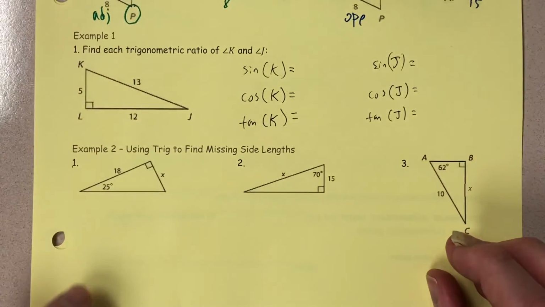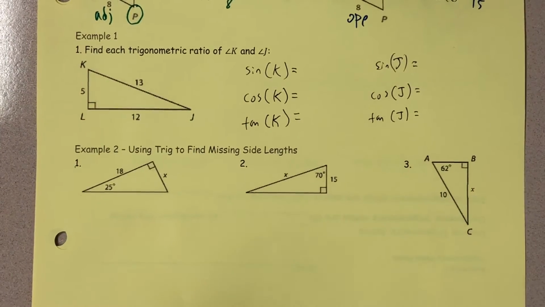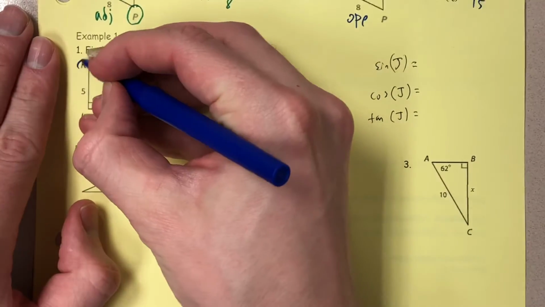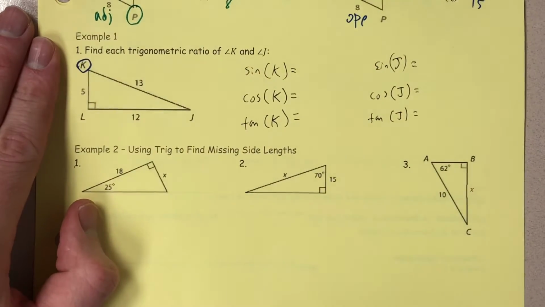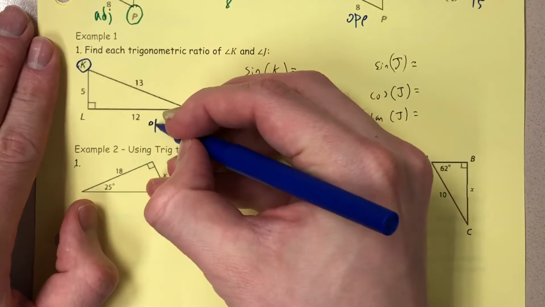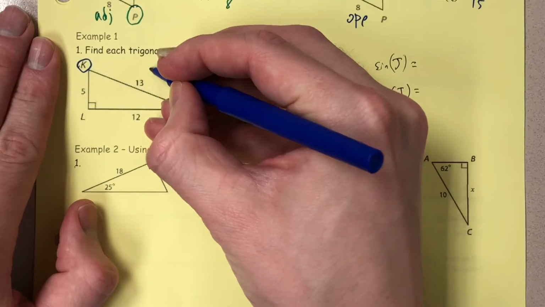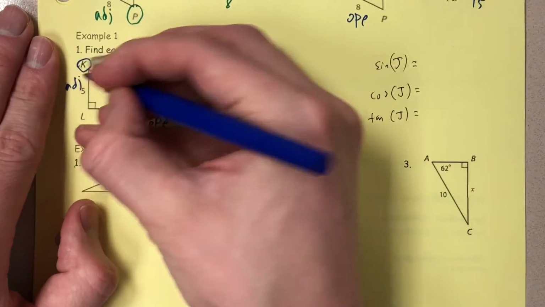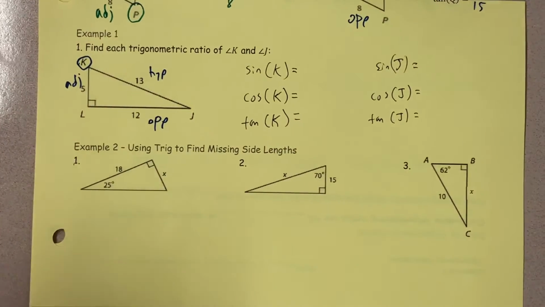Okay, so when I'm labeling this triangle, because we're trying to find the trig ratios of both K and J, I'm going to do K first, and I'm going to write out the full 3-letter abbreviation for the sides. So from K, 12 is our opposite, 13 is our hypotenuse, and 5 is our adjacent.